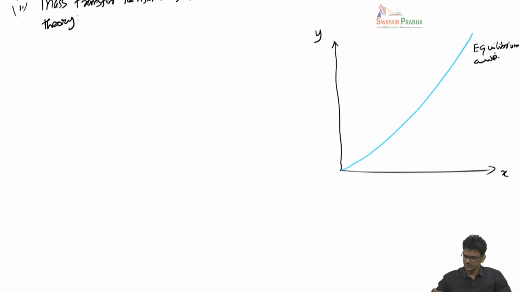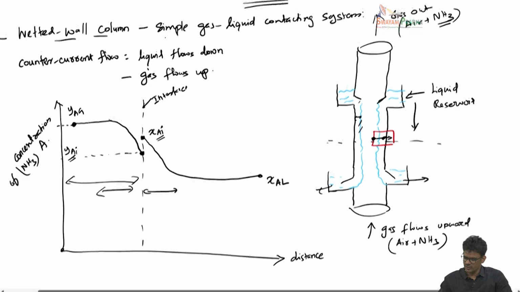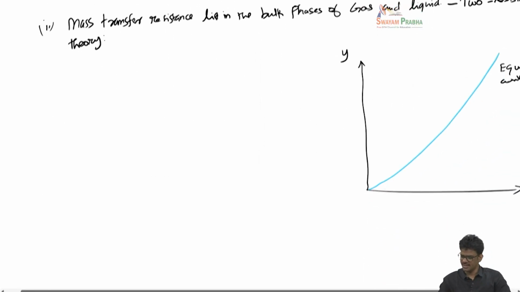Let's say at any given location here, the bulk concentration was given by YAG and XAL. This particular combination of YAG and XAL can be represented here as a point. This point P can be represented as a combination of YAG and this is XAL.